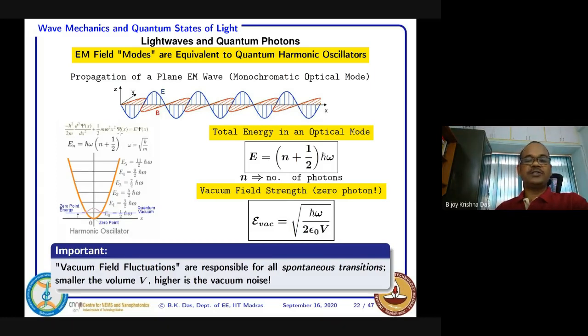For example, when n equals 0, the solution is almost like a Gaussian, and all other solutions will be Hermite Gaussian. So instead of just one maximum, you will get 2 maxima, 3 maxima, and so on. It's kind of distributed.